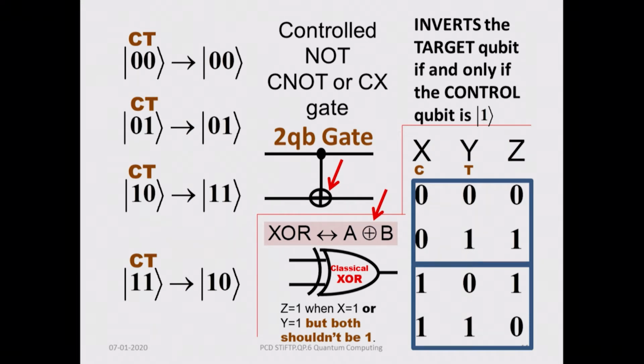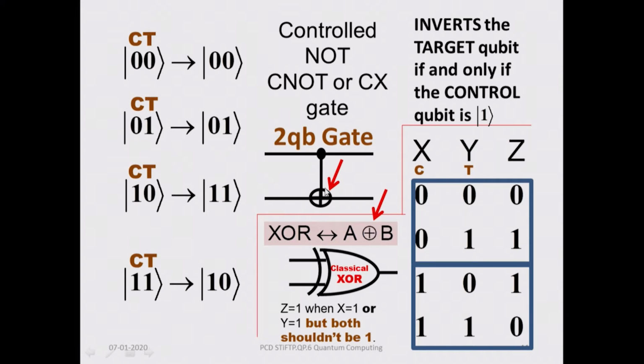So, essentially you notice that the control NOT representation is pretty much the same as the exclusive OR so far as the truth table is concerned, and you can therefore borrow this terminology from the classical XOR gate and use it over here to represent the 2 qubit gate, which is why this XOR representation is used over here on the 2 qubit gate.